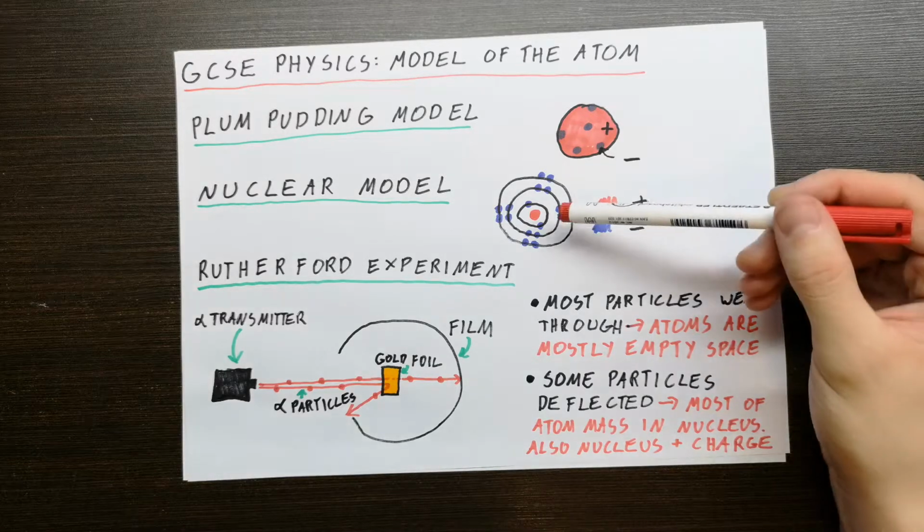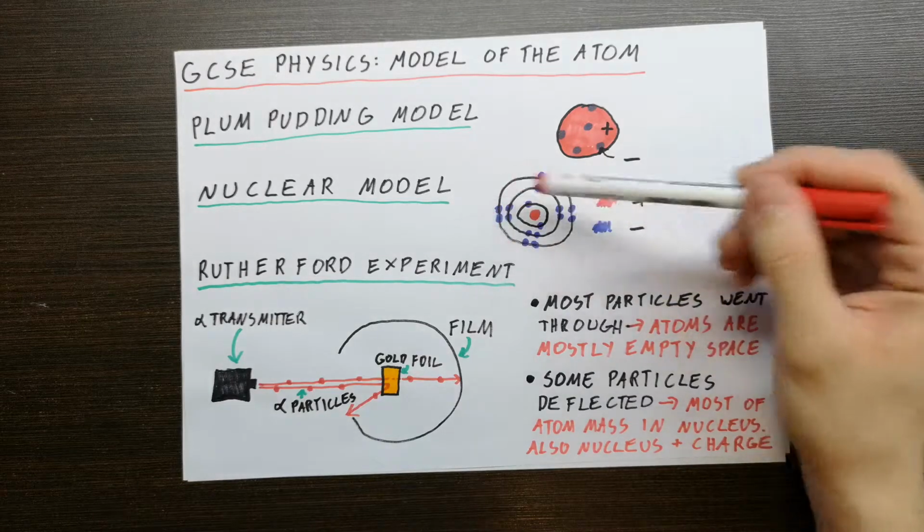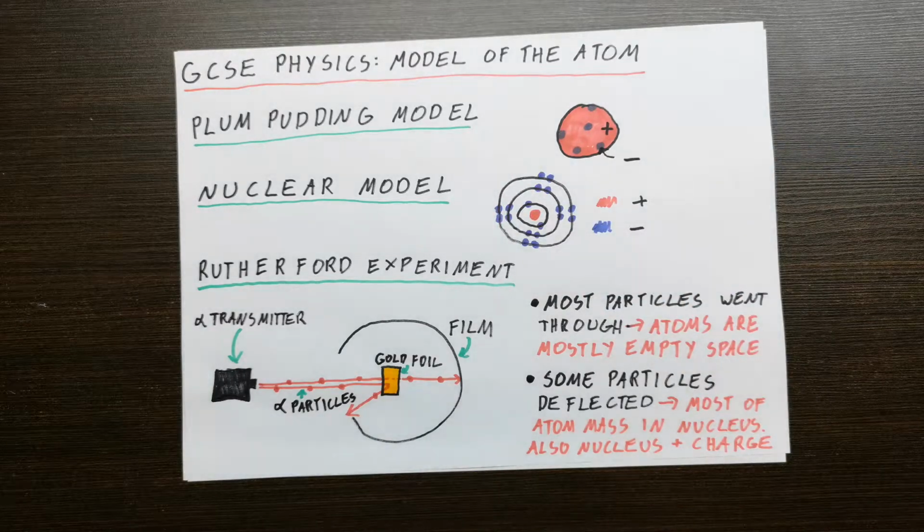Then we have particles outside orbiting that nucleus at set distances that have a negative charge, and they also have a very low, almost negligible mass. This is a very different model to the plum pudding model, and how did it come about? Why did we jump so drastically from a plum pudding model to a nuclear model? That is thanks to the Rutherford experiment.